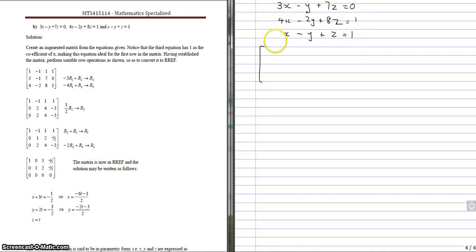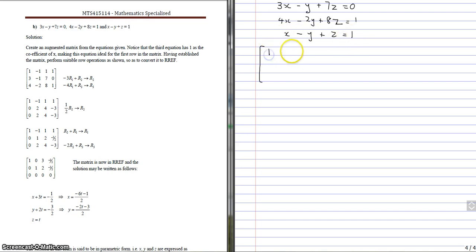We're going to ensure from the very beginning that if there are any rows that will have a 1 as their leading entry, then we'll put that as the first one. And you'll notice here, because our coefficients of x go first in the first column, let's scan through it. Notice this one here has a coefficient of 1, so we'll use this particular equation as our first row.